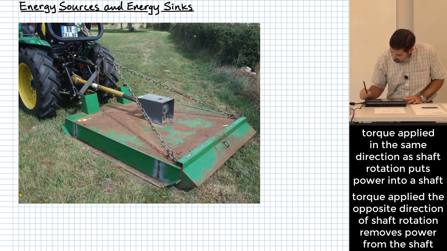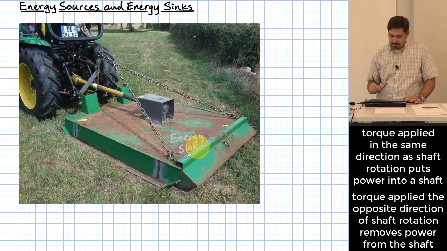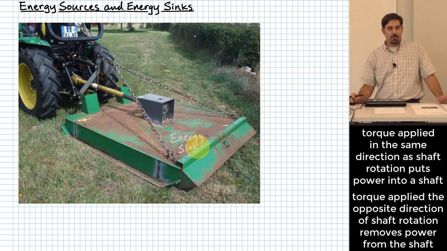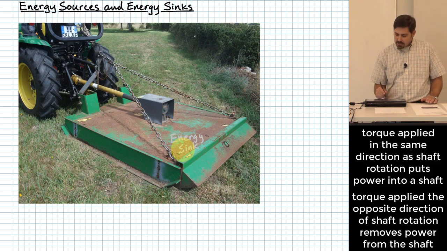So if I was going to label some things here, to use a fancy word, this is an energy sink. It's like a lawnmower kind of thing. Some people call it a bush hog, right? So this energy sink over here is what needs the energy. What's the energy source?